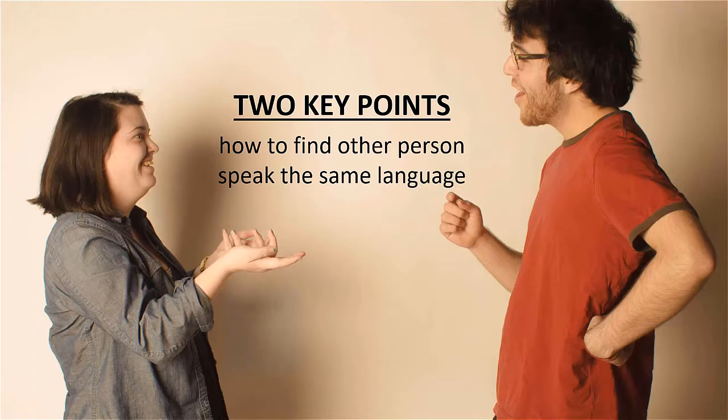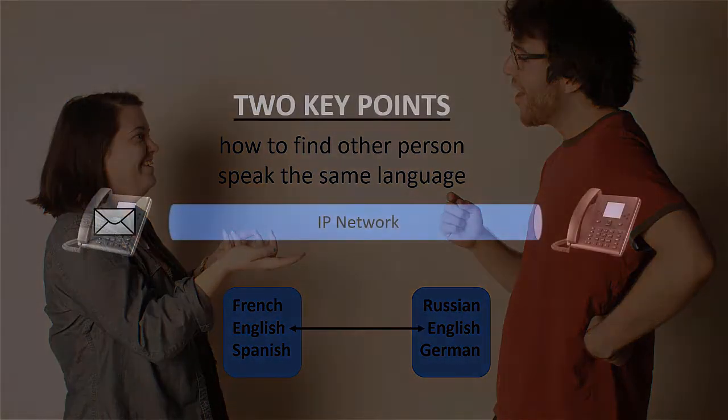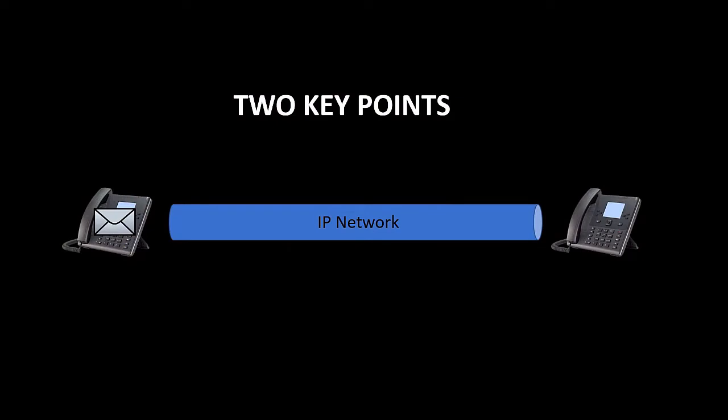Let's say Alice speaks French, English, and Spanish, and Jason speaks Russian, English, and German. Since English is the only language that they have in common, that is what they would necessarily use in their conversation. These two key points are also important when discussing IP communication.